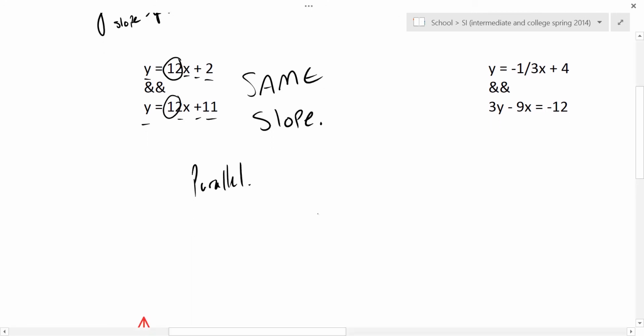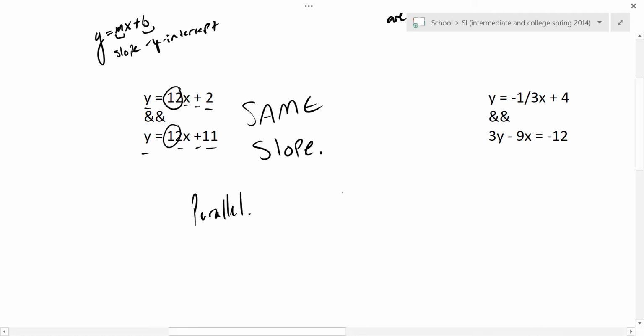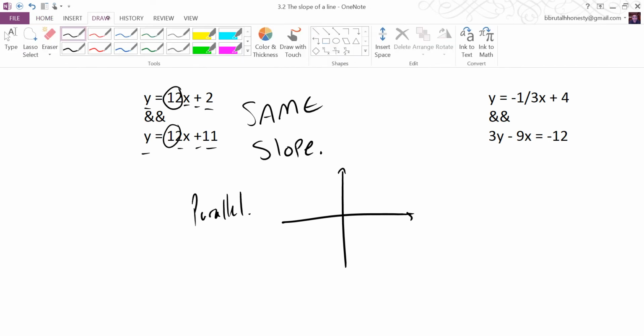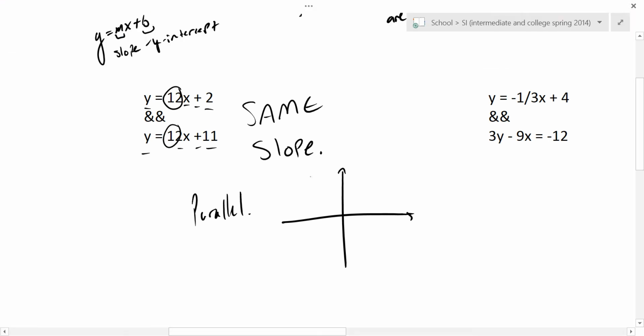And just so you can see what two parallel lines look like, let's draw this graph, the Cartesian coordinate system. And we are going to draw parallel lines. Let's say we've got a line going like that, and another line going like that. Those are parallel.